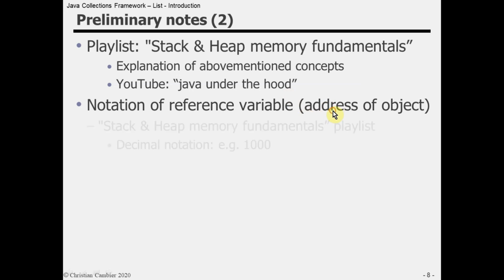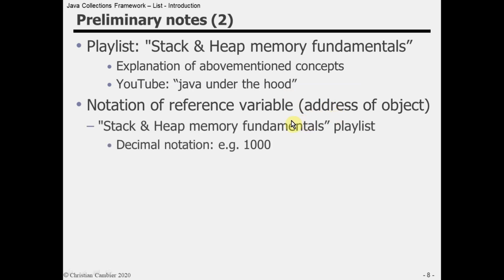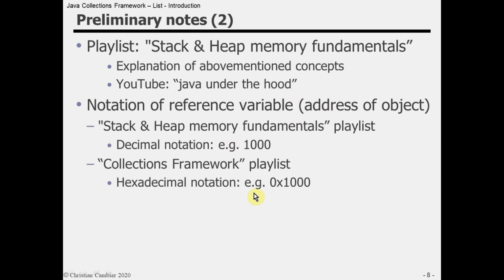In the Stack and Heap Memory Fundamentals playlist, I use the decimal notation. In this playlist about list classes, I use the hexadecimal notation. Basically, it comes down to the same thing. An address is just a number. But I do this in order to make a clear distinction between a value representing an address and a value indicating an ordinary number, such as that of a counter.